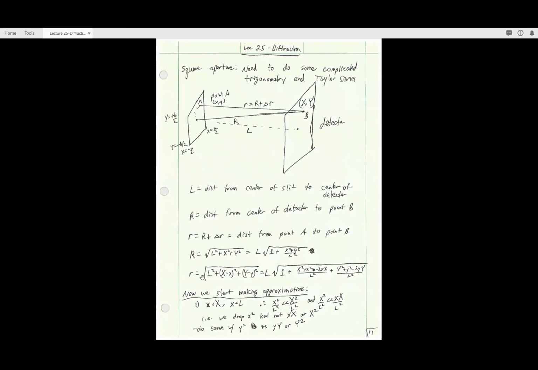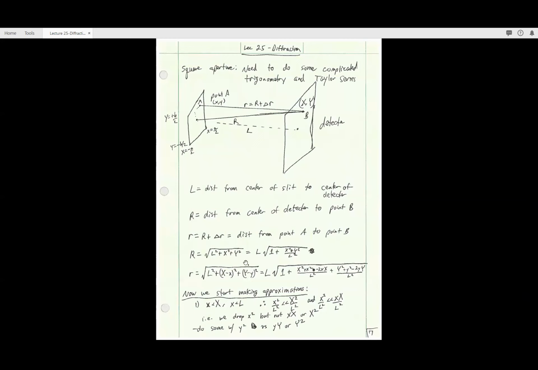And by the same logic, using the Pythagorean theorem in 3D, little r will be the square root of L squared plus big X minus little x squared, because that's how far laterally we have to go to get from big X to little x, and big Y minus little y squared, because that'll be the difference in how much further up we have to go when we go from point A to point B.